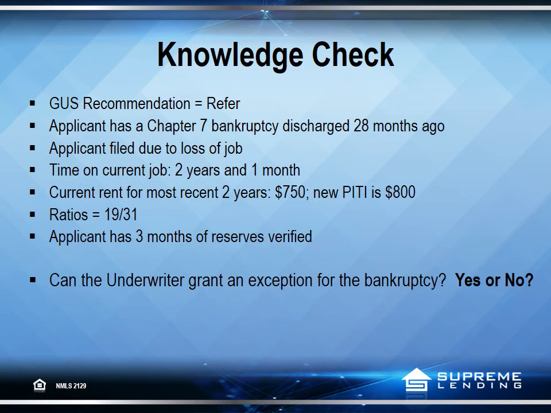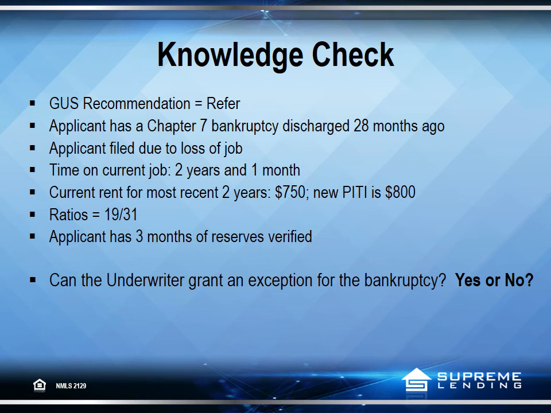It's time for another knowledge check. In this example, our GUS recommendation is a refer. The applicant has a Chapter 7 bankruptcy discharged 28 months ago, and the applicant filed for that due to a loss of job. The applicant has been on the current job for 2 years and 1 month.